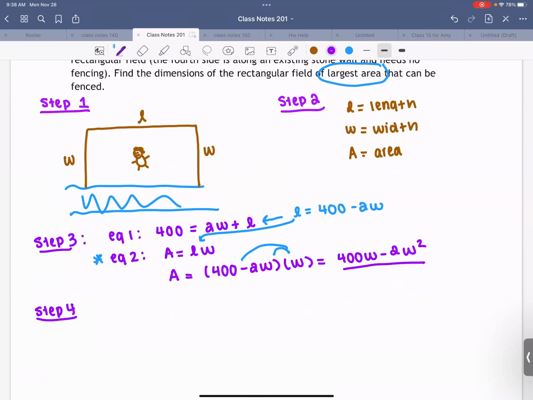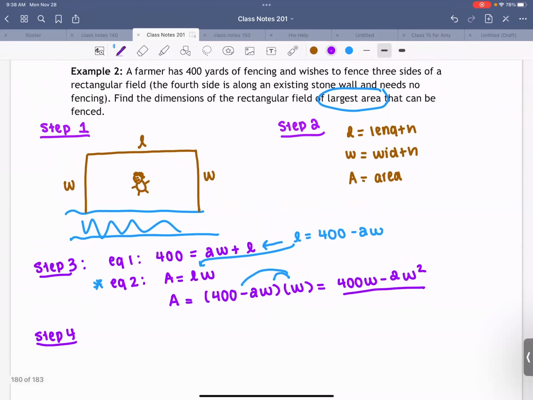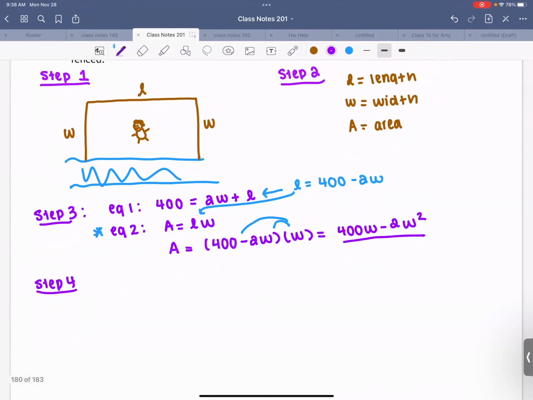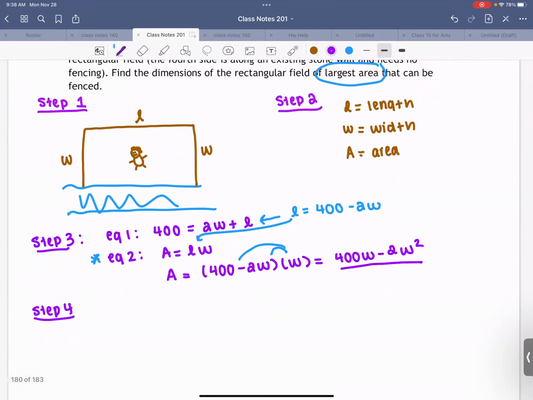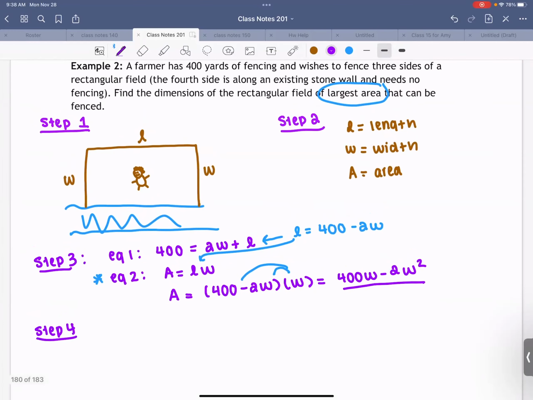Okay, step number 4. Let's think about how high or low W can be here. How big can W be here? Half of the max amount of fencing we have, right? So half of 400. W can only be as big as 400 over 2, which is really 200.